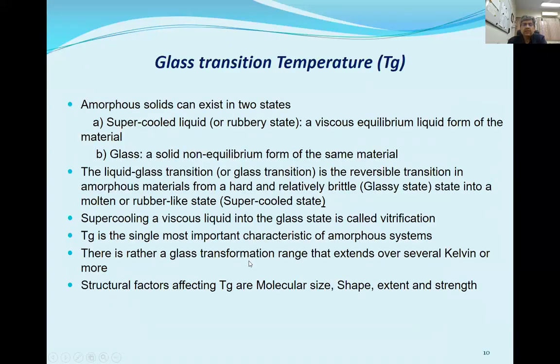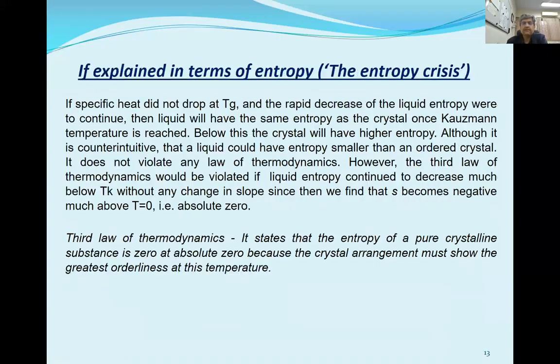So I'll go back to the previous slide. Yeah, so we were trying to convey here that the third law of thermodynamics would get violated if liquid entropy continued to decrease much below the Kauzmann temperature as well.